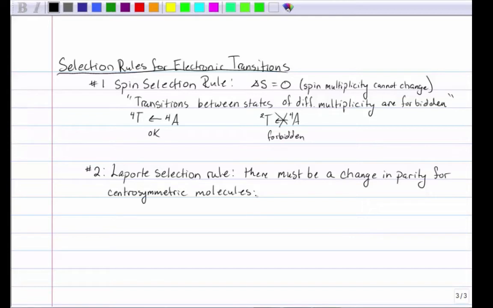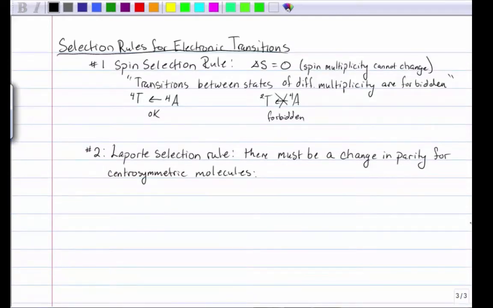Look at that word, centrosymmetric. Center of symmetry, maybe? Centrosymmetric molecules are ones that have centers of symmetry, or in other words, an inversion center. And the parity is its symmetry with respect to that inversion center.